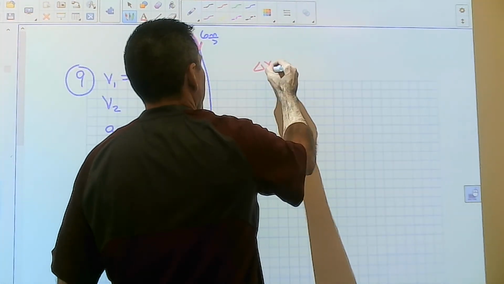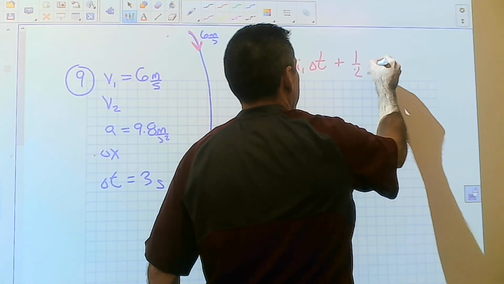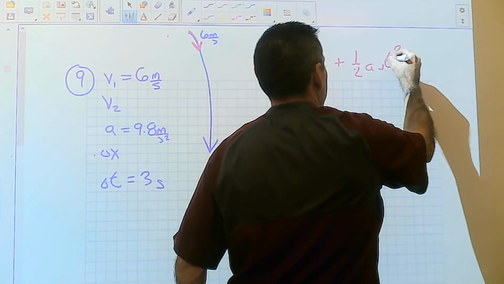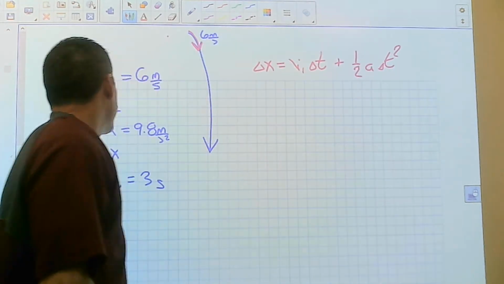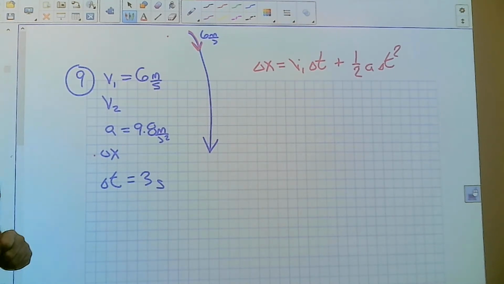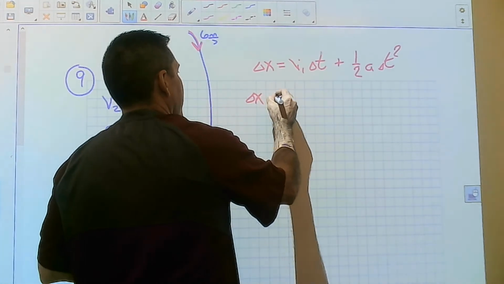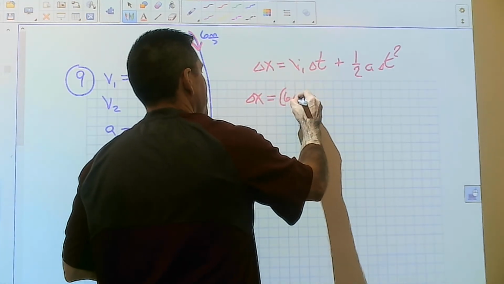So this would be using equation number 4, because we're not worried about V2. So I got V1, A, X, and T. Often when we use equation 4, V1 is 0, but it's not this time. Right, it's 6 meters per second.